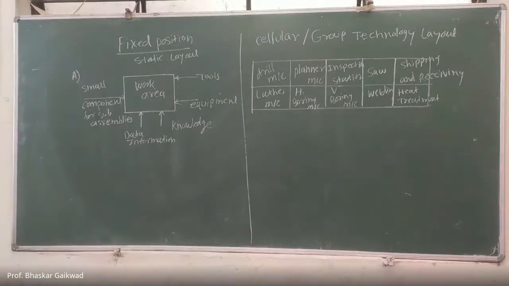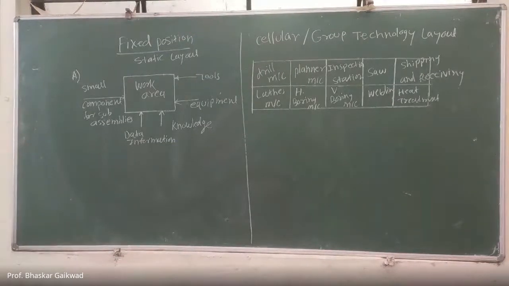Lathes, all types of lathe, light duty or heavy duty, and CNC lathe should be there. Planers, all types of planers, and shapers should be in one place. Then horizontal boring machine, and after that vertical boring machine. All these types of machines required for facing or flattening purposes, we can group together.